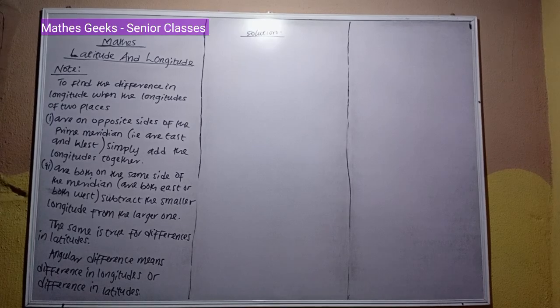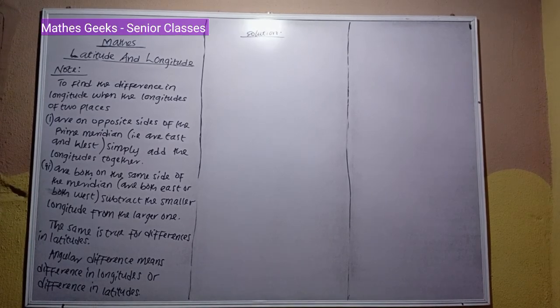So let's look at the note that we need to put at the back of our mind. Note: to find the difference in longitude when the longitudes of two places are on opposite sides of the prime meridian, that is east and west, simply add the longitudes together.